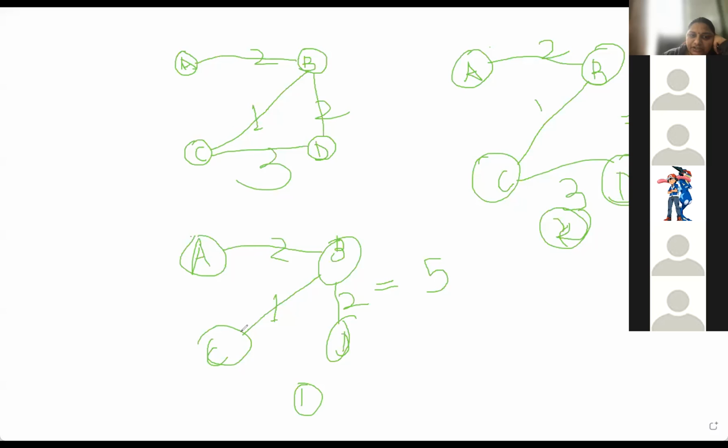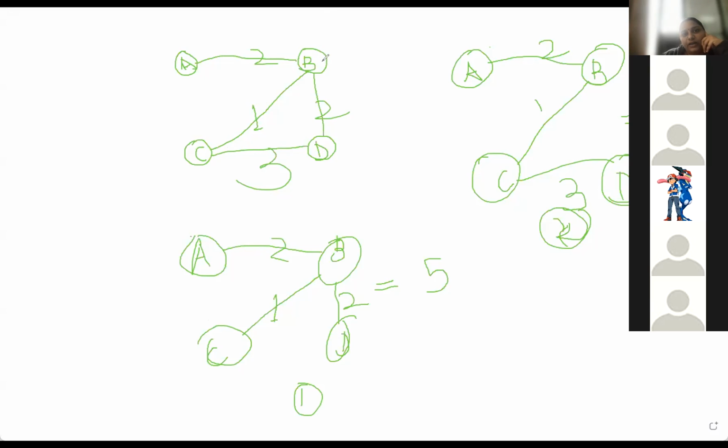Started from C vertex, considered two edges going from C, that is C to B having weight 1 and C to D having weight 3. So I considered the 1, C to B. Then from B, I considered this one. B to A, it is also 2.